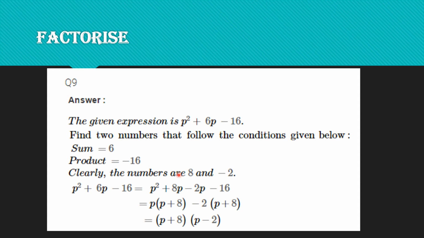So clearly the numbers are 8 and minus 2. p squared plus 8p minus 2p minus 16. That is p as the common term, p into p plus 8, minus 2 into p plus 8. So the two factors of the given expression are p plus 8 and p minus 2.